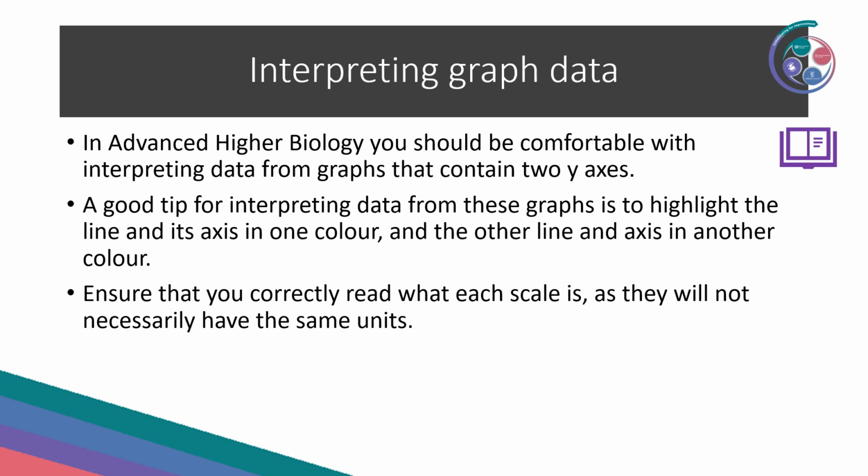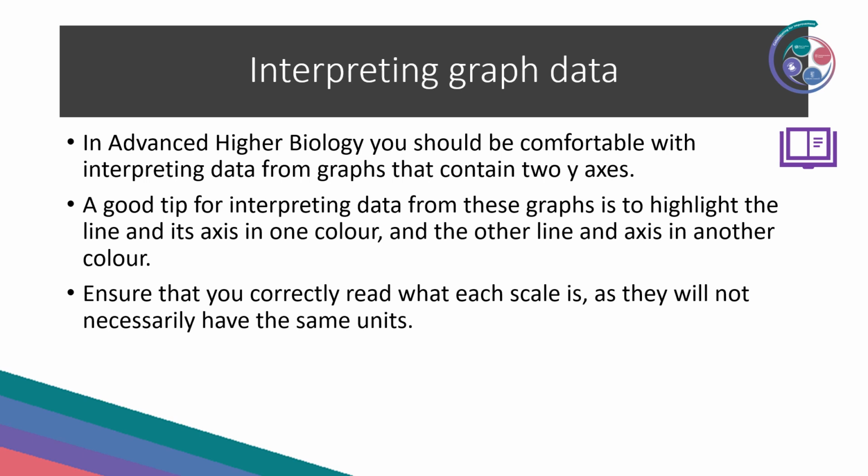It might be that you have a yellow pen for the first one and an orange pen for the second one, just so that you don't get confused about which line is which. It's very common that the lines look similar. It might be that you've got a dotted line and a solid line, but at particular points, just because of the way the graphs are laid out, you might not be able to tell clearly which line is which. So it allows you to differentiate more easily between the two lines.